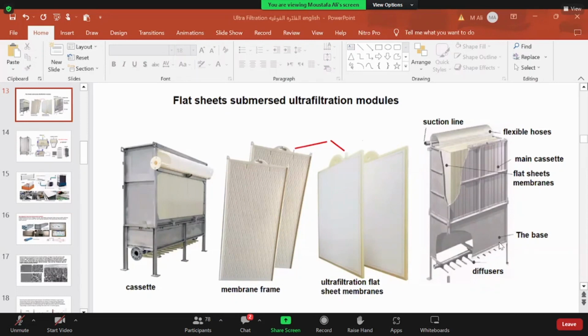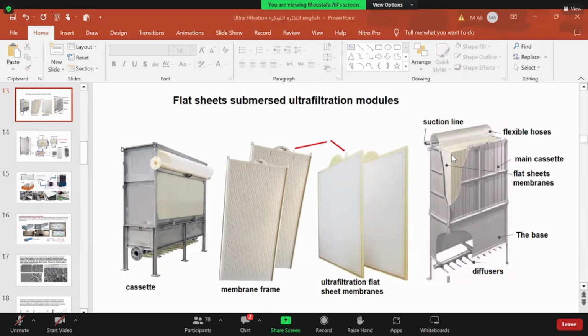The function of these coarse bubble air diffusers is to generate bubbles of air that assist in removing the cake layer accumulating on the membrane surface. If we are applying this for wastewater treatment, for example, the gap between these sheets is controlled according to the application.